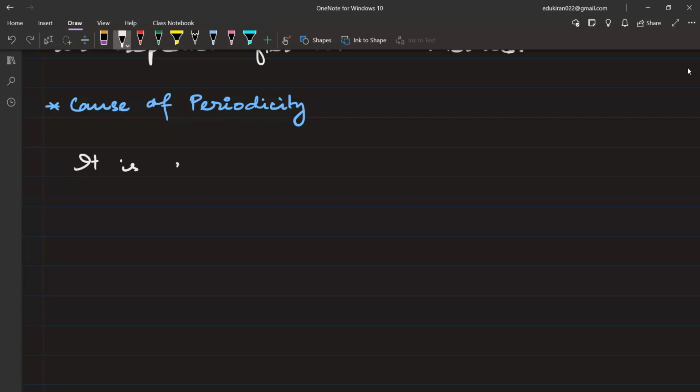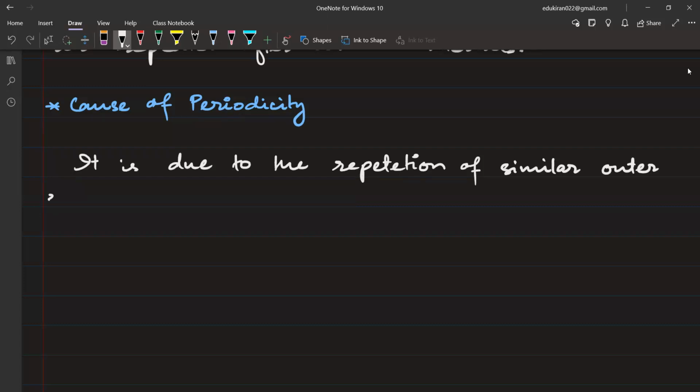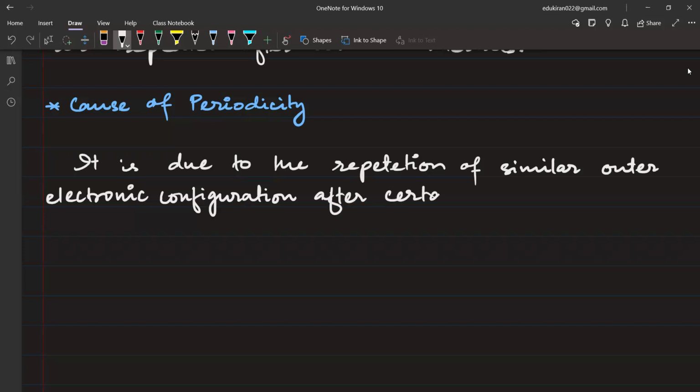It is due to the repetition of similar outer electronic configuration after certain regular intervals.